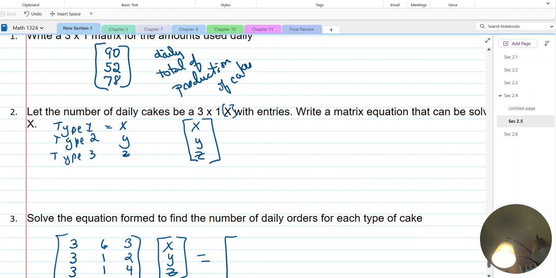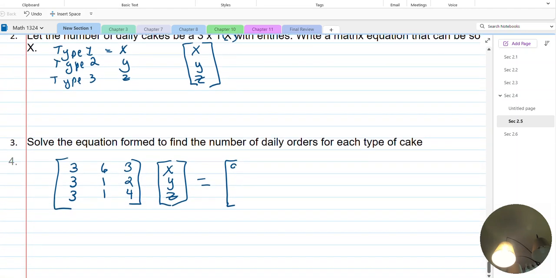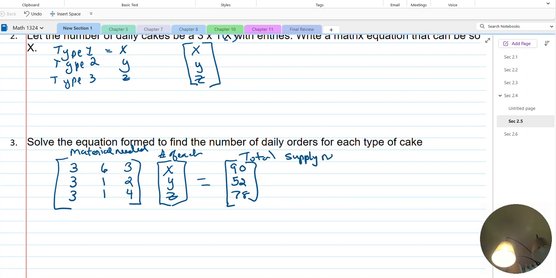And that was 90, 52, and 78. Okay. Number of each. And this is material needed, supplies, and total supply need. Daily supply need.